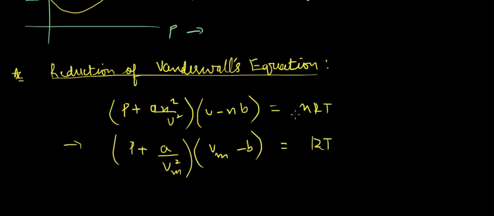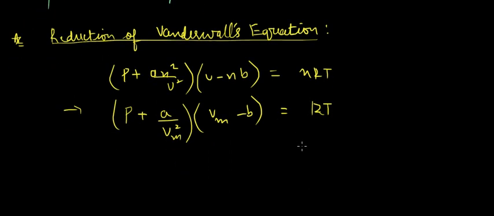So we have Vm minus b here, and n upon V is 1 upon Vm. So we can write here that P would be equals to RT divided by (Vm minus b) minus a upon Vm square.